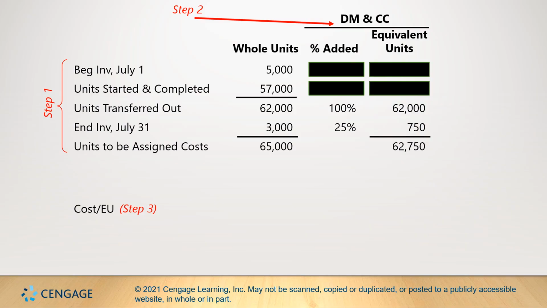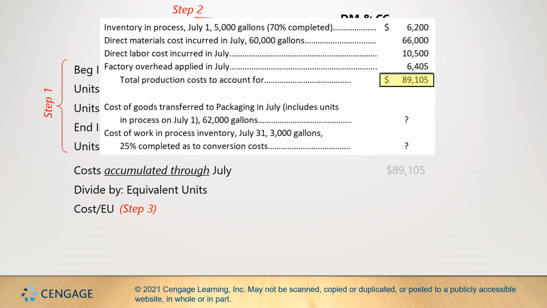To get our cost per EU, we take our costs accumulated through July as opposed to those incurred in July and divide them by the aforementioned total equivalent units. The total cost incurred through July will include the cost of beginning inventory.